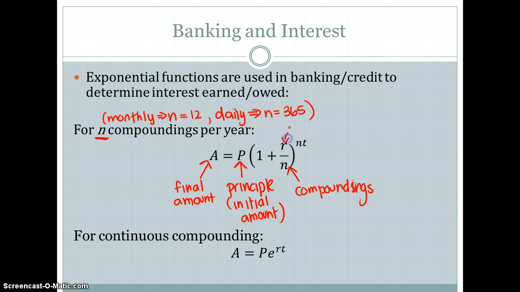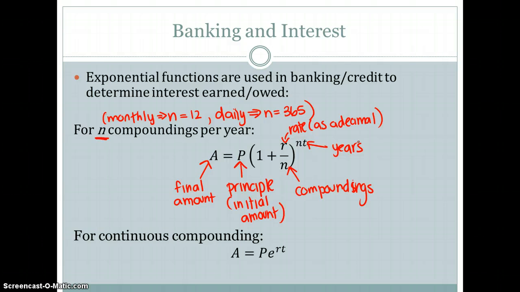And then r would be your rate. Remember, we want to use it as a decimal, not as the percent. And t here would be the number of years, the time. The variables represent the same things in the continuous compounding.